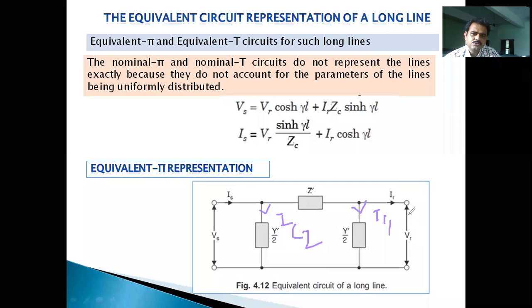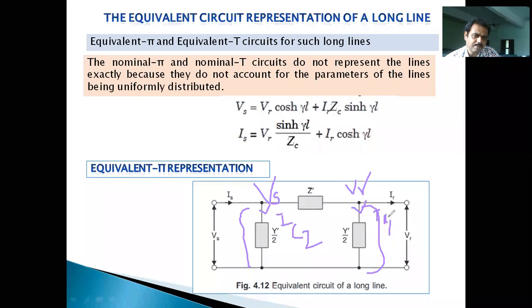Okay, so we just calculated this in the case of the nominal pi model for a medium transmission line. The voltage at this point is Vs and the voltage at this point is VR.